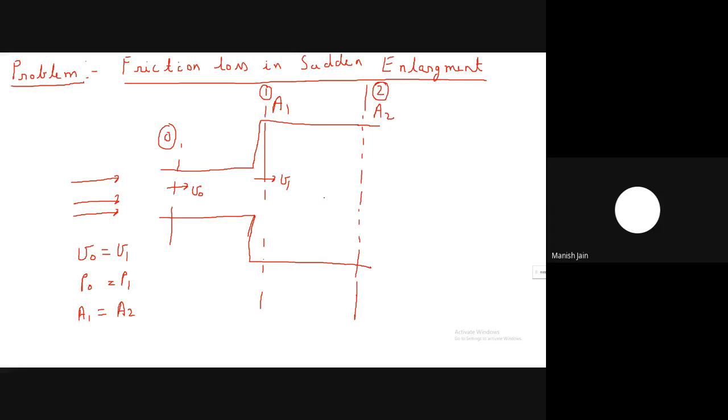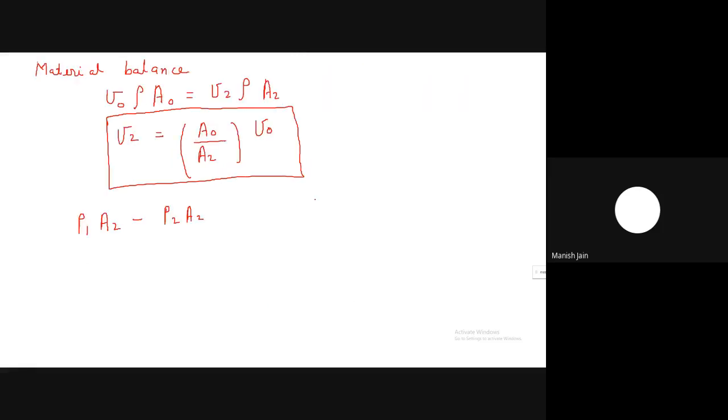The difference between the pressure forces should be equal to m v2 minus m v1. m is the mass flow rate, and mass flow rate multiplied by velocity becomes the momentum.